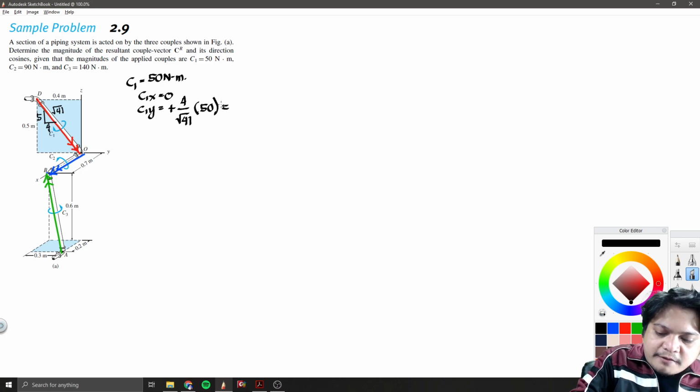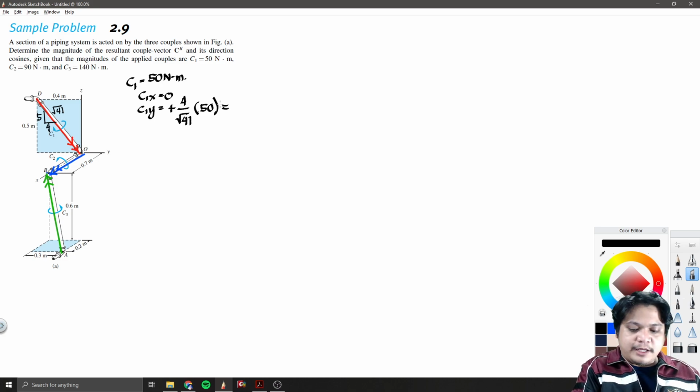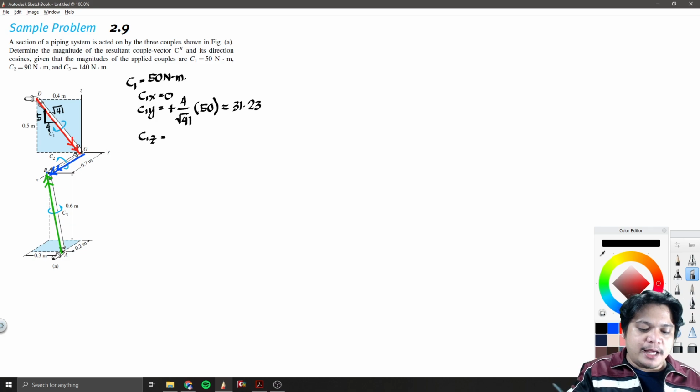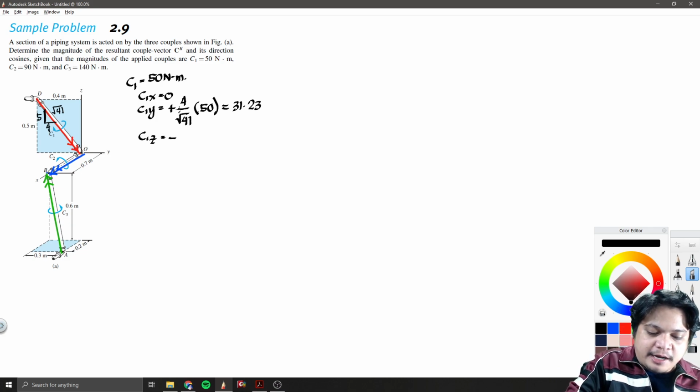Okay, so you will be having here this one. So that is 4 times 50 divided by the square root of 41. So that is around 31.23 Newton meter. Okay, and then C1Z, that is the vertical component. Kaya lang pababa siya. Kaya you will be having here negative 5 all over square root of 41 multiplied by 50.